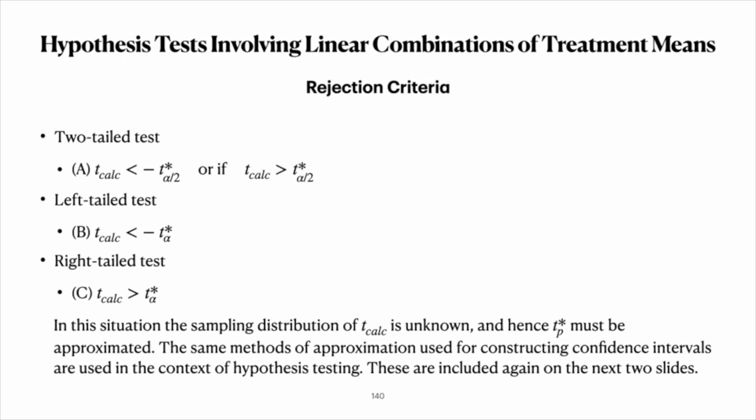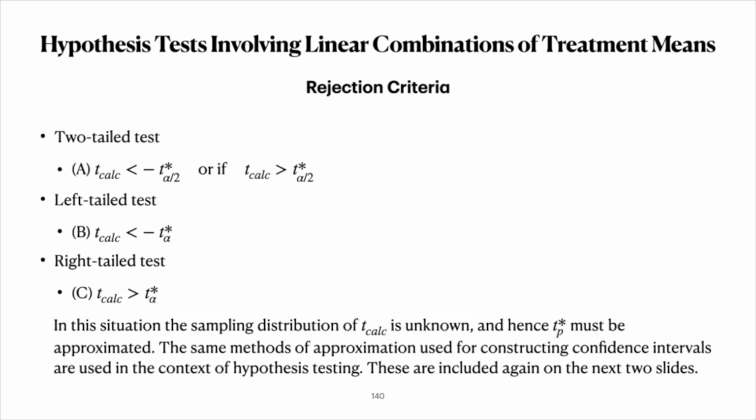Now, what do we do in this situation? The same thing we did when we were looking at estimation of non-contrast linear combinations of treatment means, and in particular when we were looking at constructing confidence intervals for those non-contrast linear combinations of treatment means.